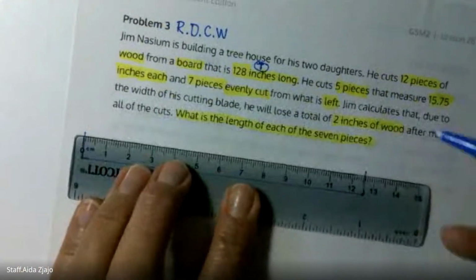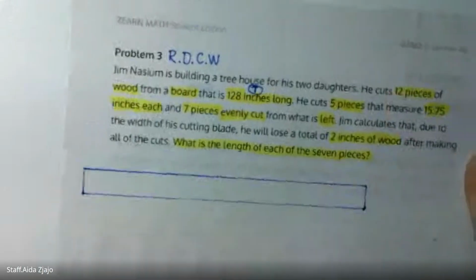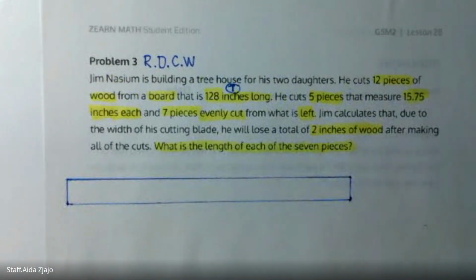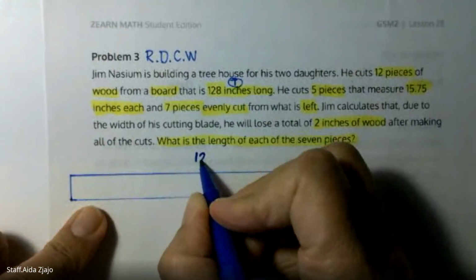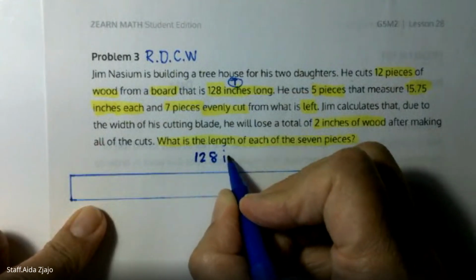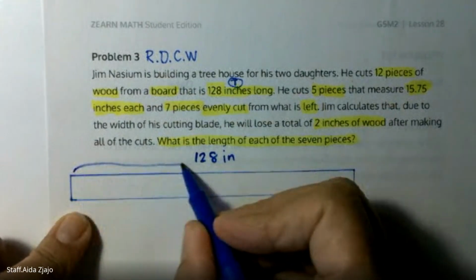All right. So if this is the board, the first story says that he had 128 inches along this board. Okay, so that is the total.